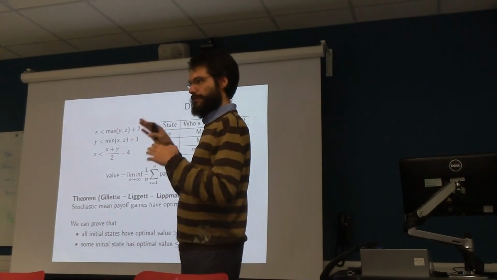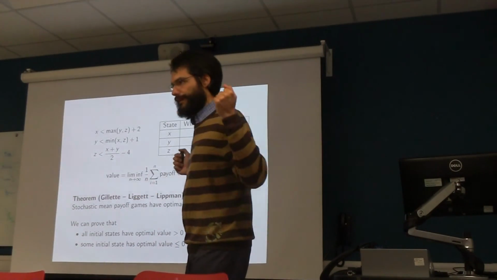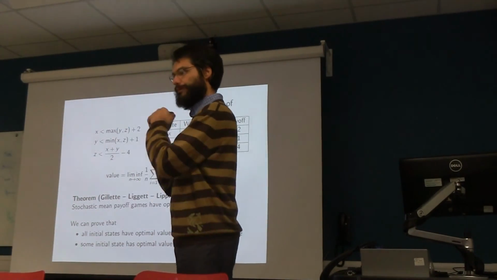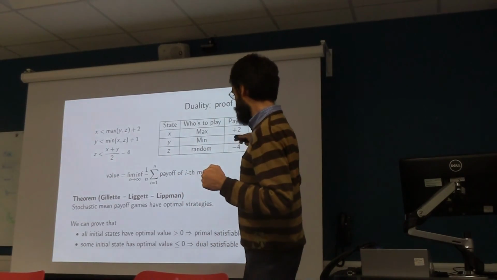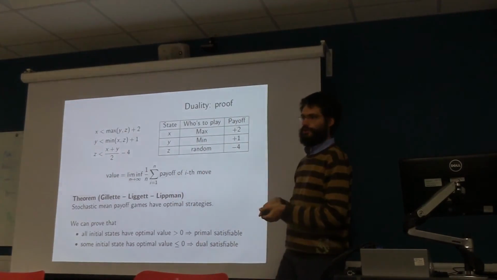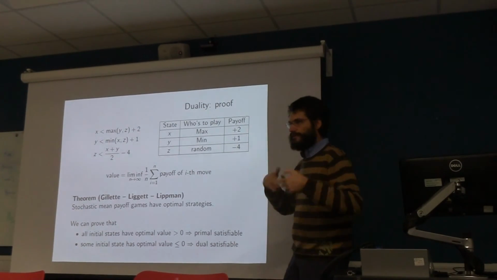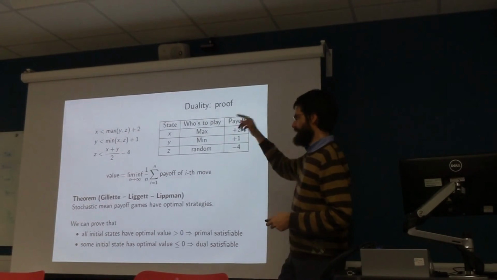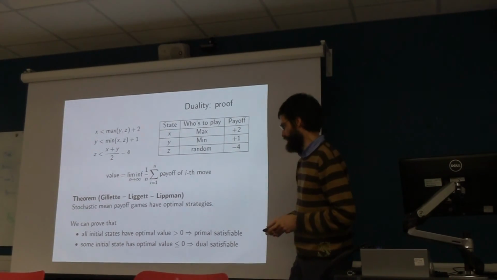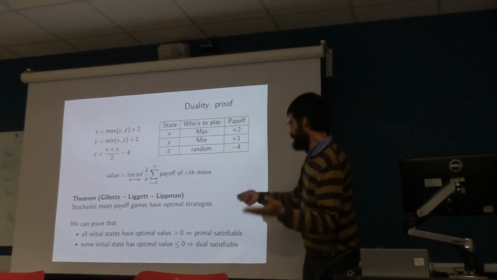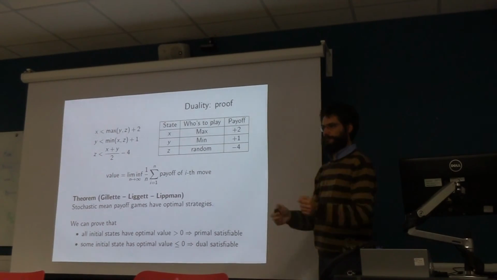The goal of min is to minimize, and then you look at the expected value of the game when played optimally. And you look at the value of all initial states. So you ask, what is this expected optimum if we start from x? And what if we start from y, and what if we start from z? If they're all positive, this happens. If there is some negative, this happens.